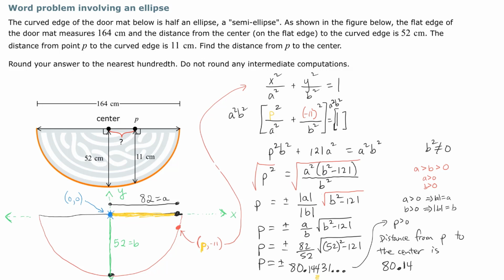Or 80 and 14 hundredths centimeters. Circle that. State it like you mean it. Don't forget your labels. Make sure you label centimeters. We're not talking about miles, kilometers. We're not talking about feet. We're talking about centimeters.